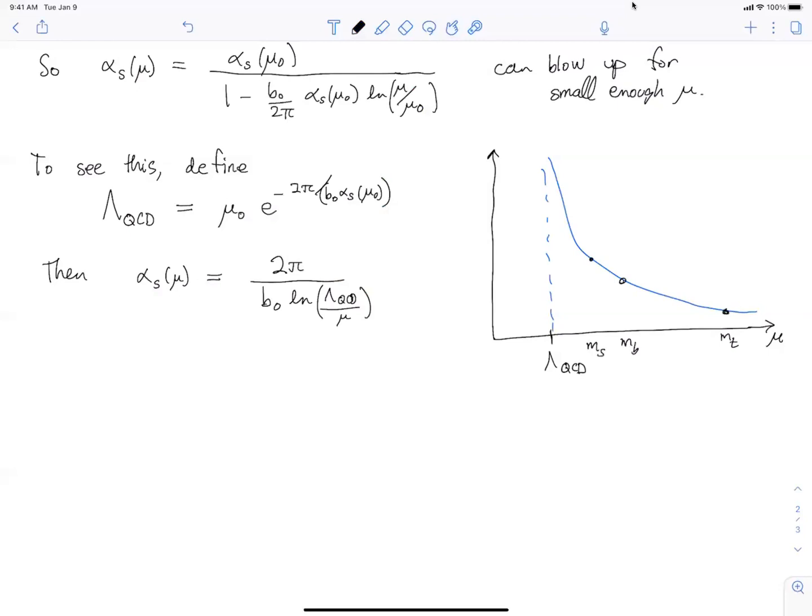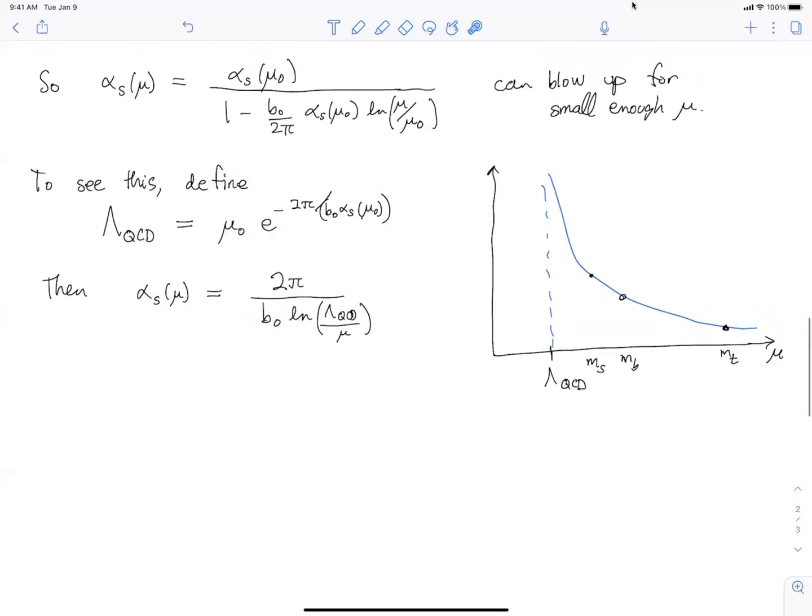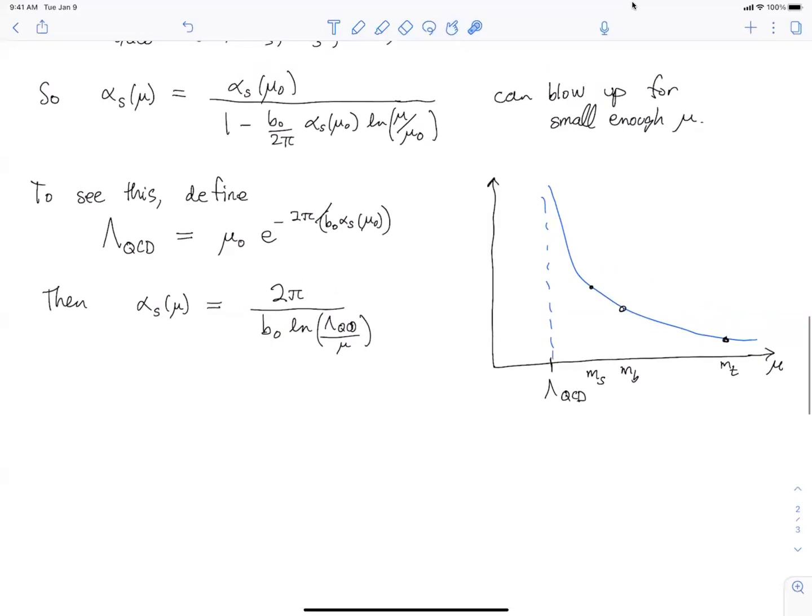And I haven't drawn it very well, but the slope of this line is changing or is different in these different regions because basically the B0 is changing.